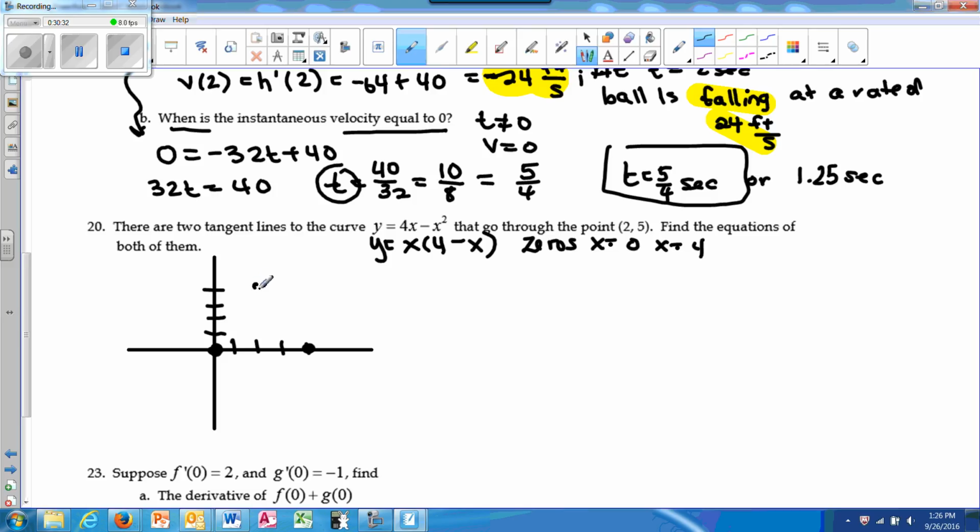You need to know how to graph your parent function. So if I would factor out an x, I would get x times 4 minus x. That means we have zeros at x equals 0 and x equals 4. This is an upside down parabola, and I know this because we have a negative x squared.